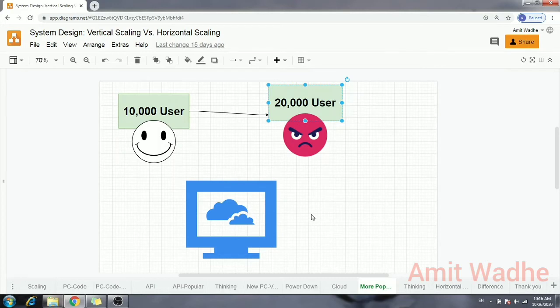So the PC which I bought on the cloud also started hanging and getting restarted. So now it's time to think of something which can allow me to serve 20,000 requests at a time.